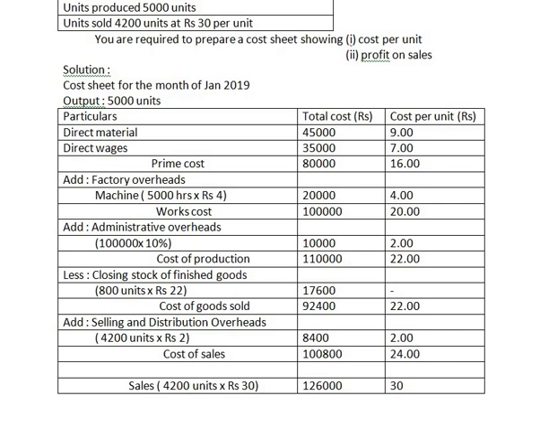Whatever balancing figure you get indicates either profit or loss. If cost of sales is more than sales, it means there will be a loss. If sales is more than cost of sales, it indicates profit.